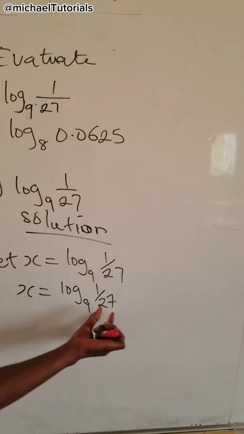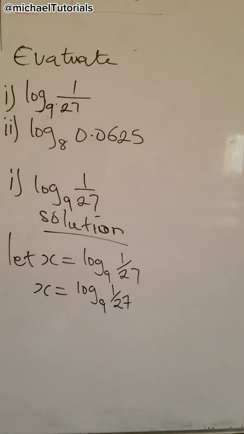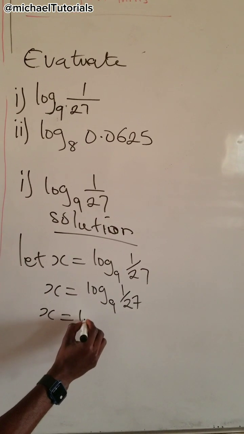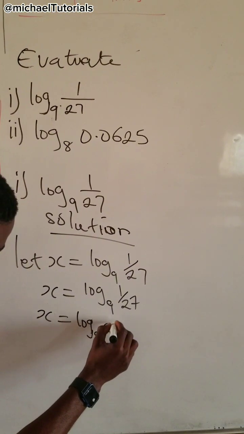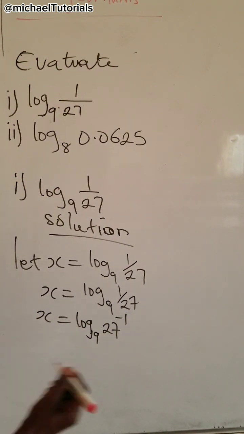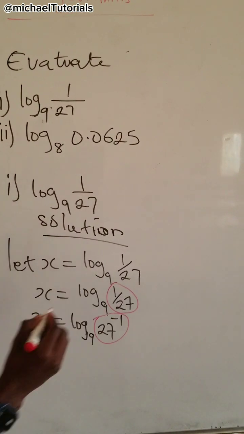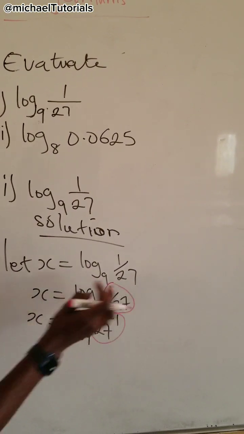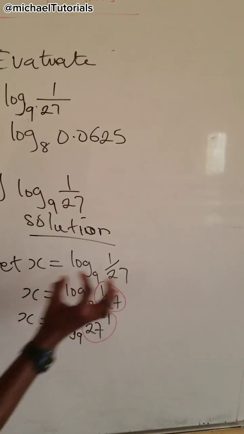We have a fraction here, so let us try to make this look like a whole number, which is x is equal to log in base 9 of 27 to the power of minus 1. This 27 to the power of minus 1 is still the same thing as 1 divided by 27. That is the reason we are substituting this in place of this. Now, this looks more like a whole number than this fraction.